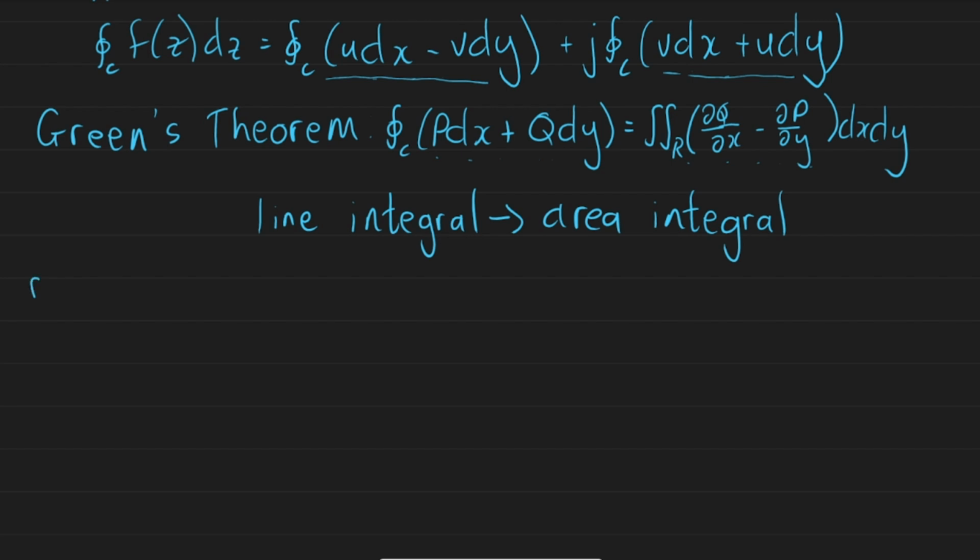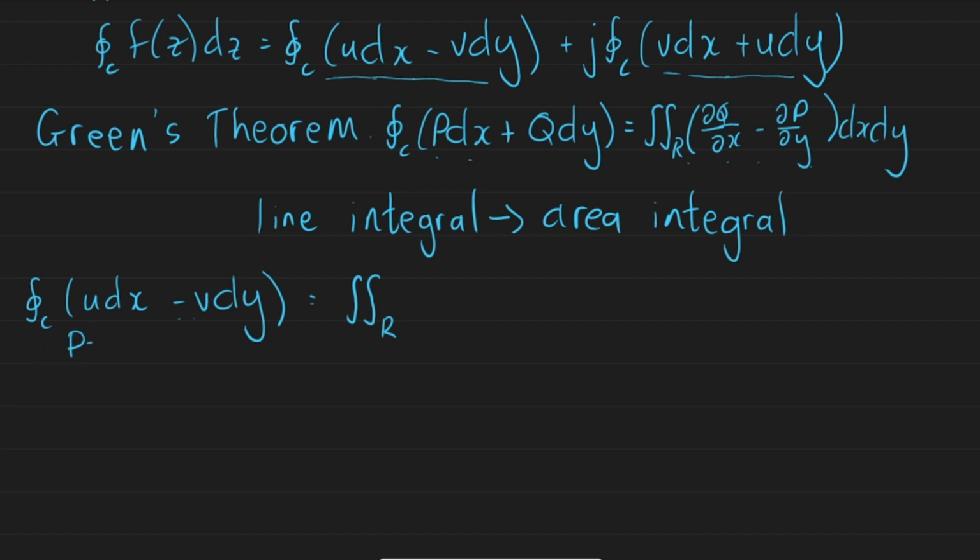So we have the line integral around a closed path of u dx minus v dy. If we apply Green's theorem, it's the double integral around some region of dq/dx. Let's write p first.